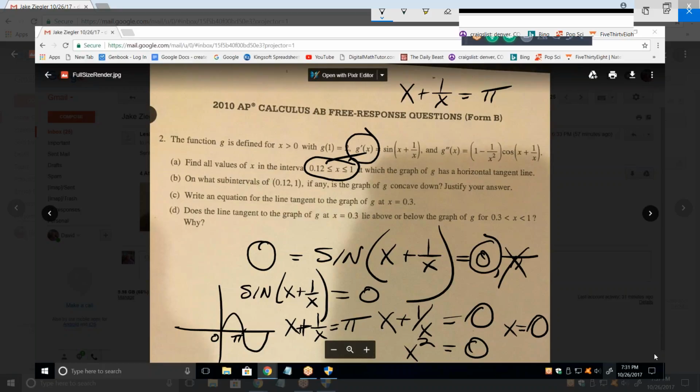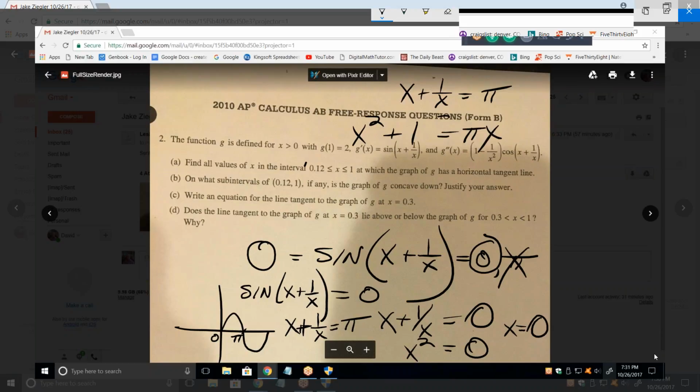Multiply both sides by x, I get x squared plus 1 equals pi x.